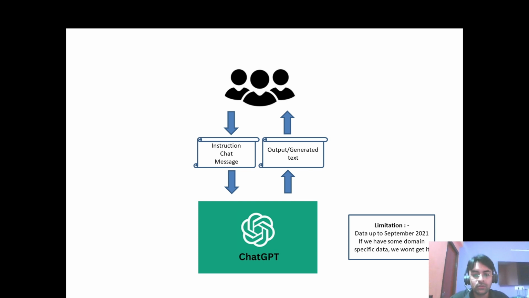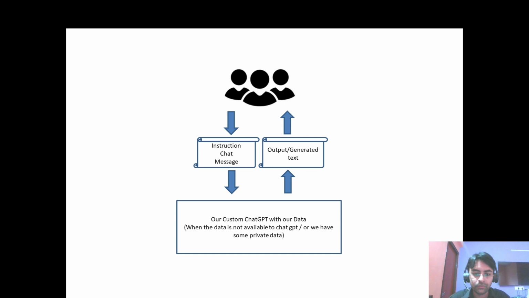Then we can think of a custom ChatGPT-like environment that can use your own data and generate new text, based on your use case and however you set up your LangChain chains.